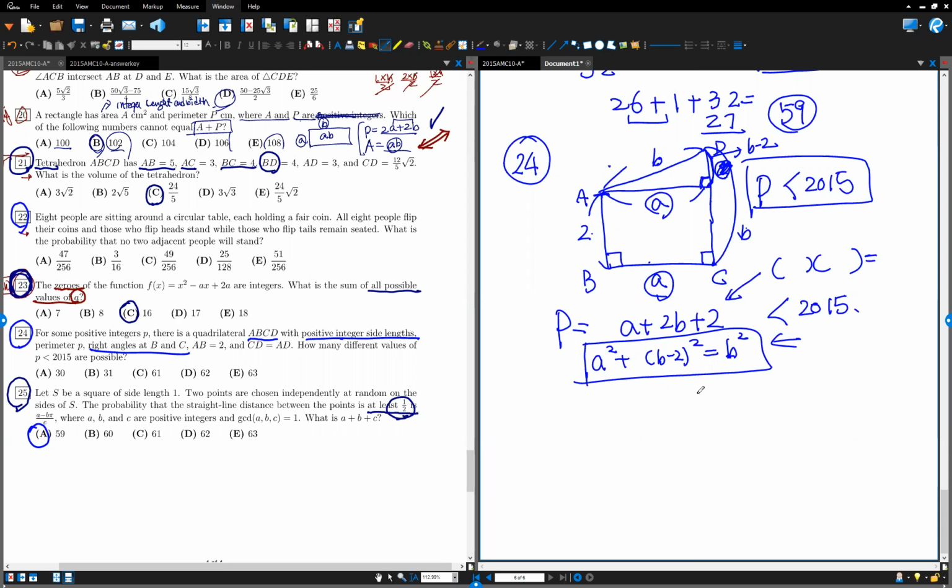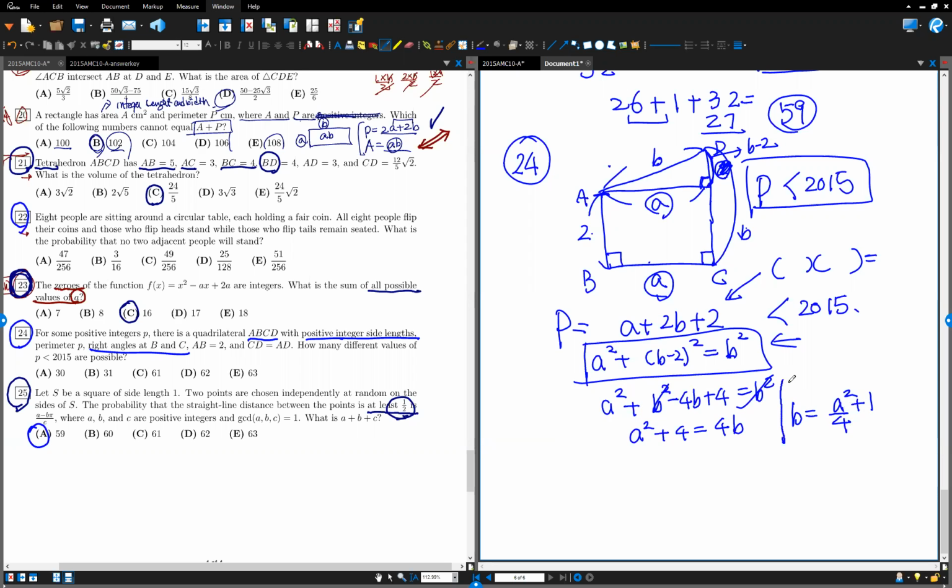So from here, a squared plus, when you expand this one, b squared minus 4b plus 4 equals b squared, right? B is out. Over here, a squared plus 4 is 4b, isn't it? Can you see that? B equals what? A squared over 4 plus 1.